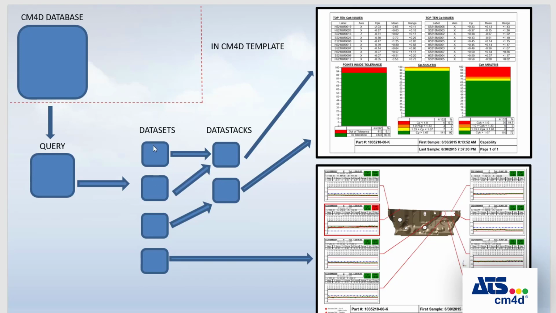Once you have your group of features created in the form of one or more data sets, you can also create data stacks. Those will be created based on need, and basically a data stack is just another type of group like a data set.